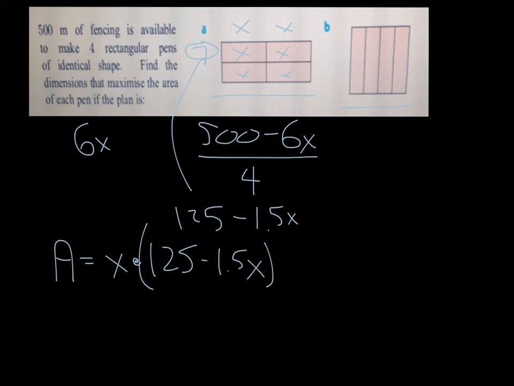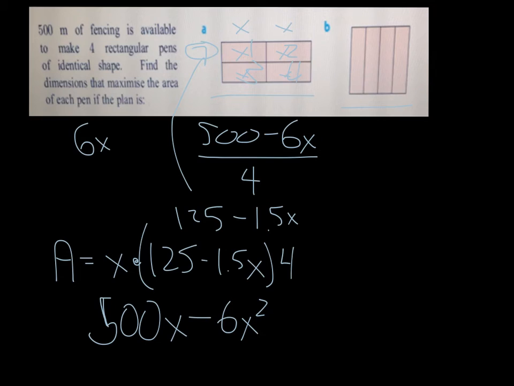We're going to multiply by 4 because there's 1, 2, 3, 4 areas. Okay, so let's do some math here. So that's 4x on the outside, so 125 times 4, we are back to our 500x, minus 4x times 1.5x. 4 times 1.5 would be 6, and then x times x is 6x squared.